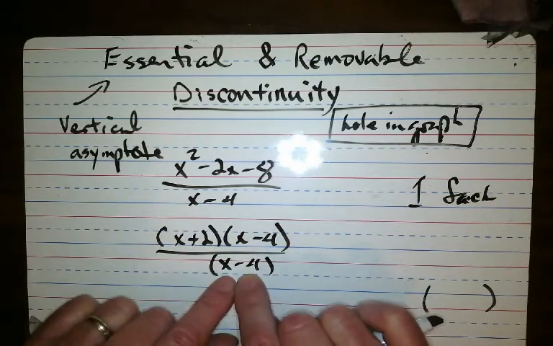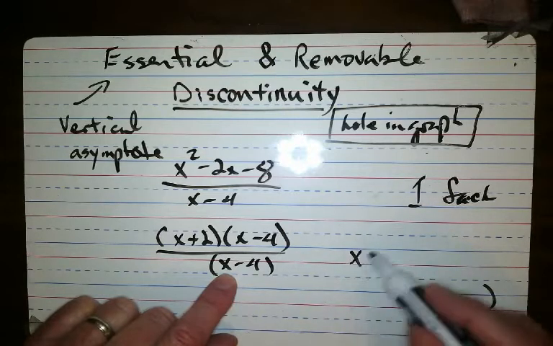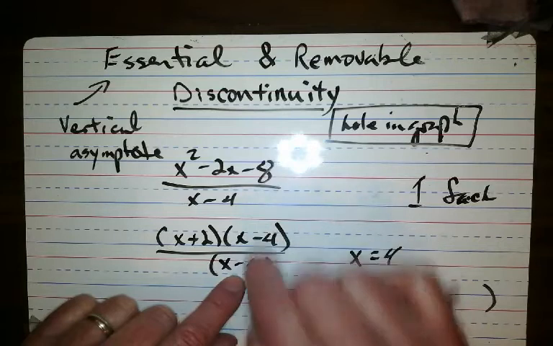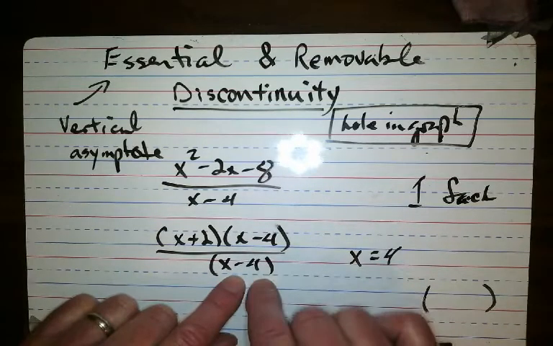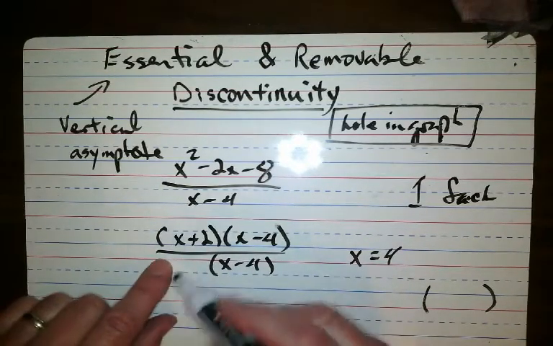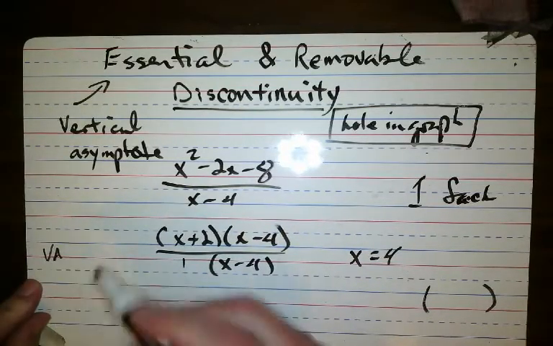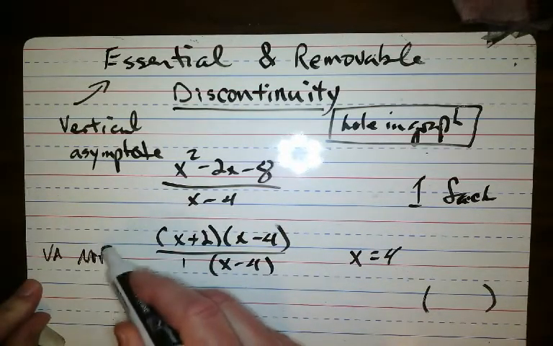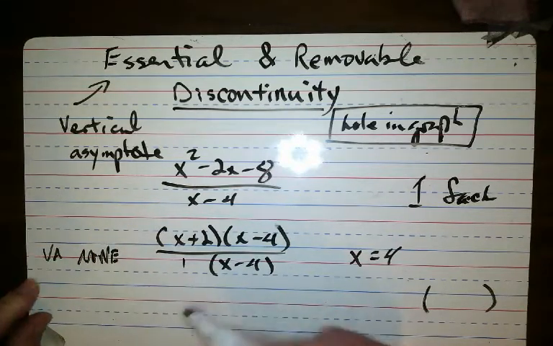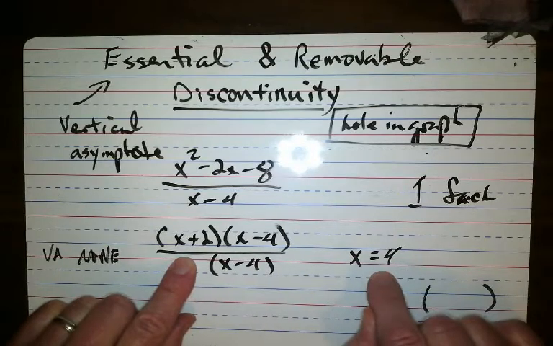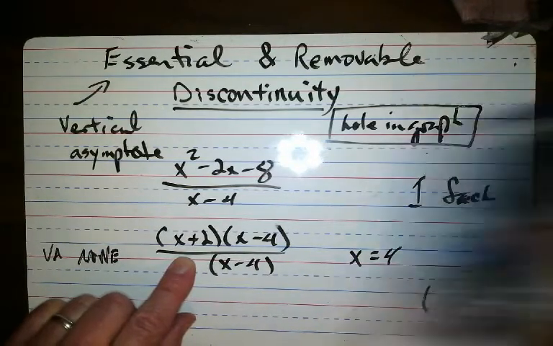So whenever I divide by this, I find 4 is the number that makes it equal 0, but it's removable because it's in the top and the bottom, right? So that means that there is no vertical asymptote. None at all. Because this one is the hole in the graph. Really, you say? Yep, that's true.